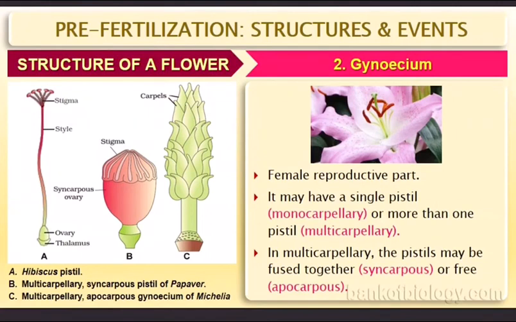In yesterday's session we talked about the structure of the flower in general, and the four whorls that will be there in any flower: calyx, corolla, androecium, and gynoecium.